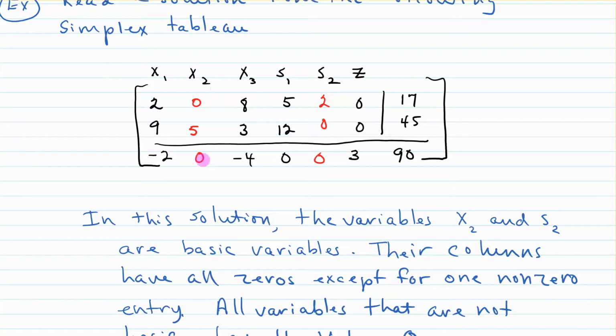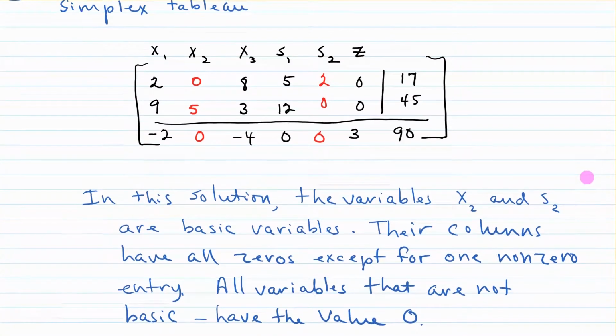Do you see the difference between these? This is all zeros and a 2, all zeros and a 5. All variables that are not basic have the value 0. So these are the basic ones. The others are not basic and they have the value 0.